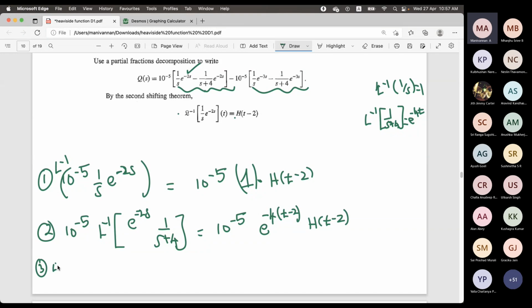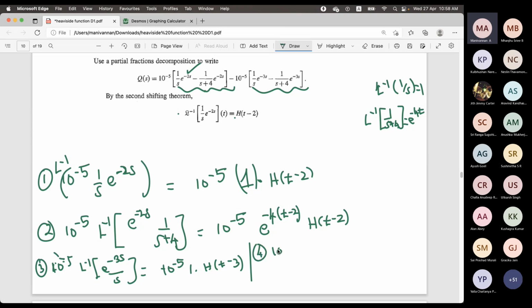The third one, 10 to the power minus 5 times L inverse of e raised to the power minus 3s divided by s. It is divided by s under exponential functions, so it is 10 to the power minus 5, here it is 1 by s, so 1 into h of t minus 3.